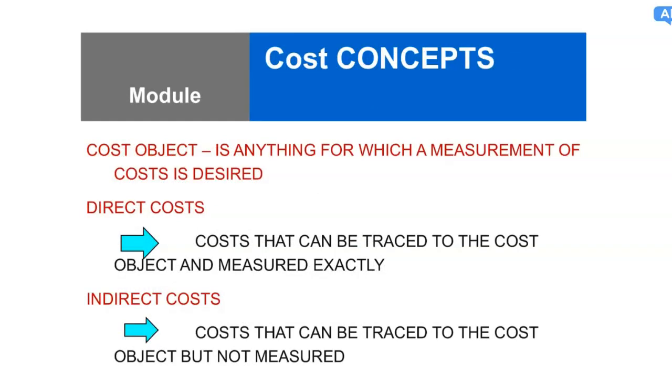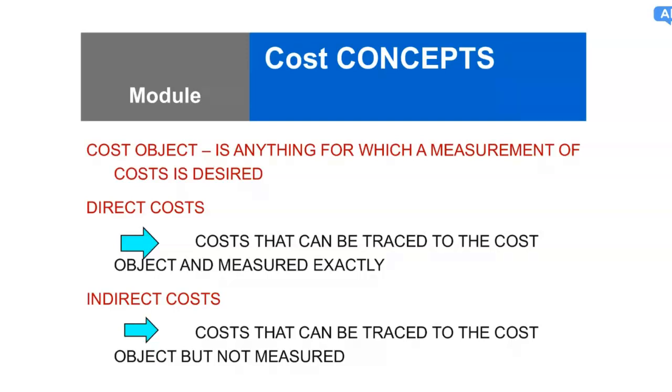Now, before we really get into those cost concepts, I have to introduce something to you, which is the cost object. In management accounting, if we want to accumulate the costs of something, then we have to define what that something is.